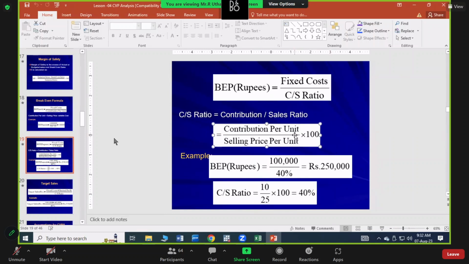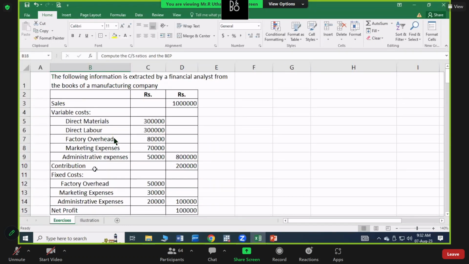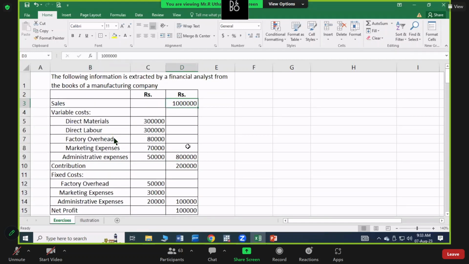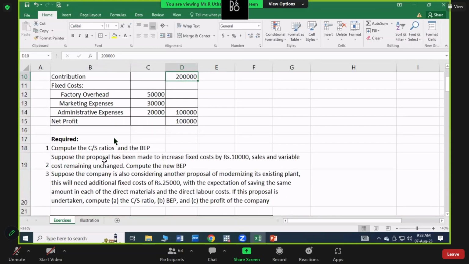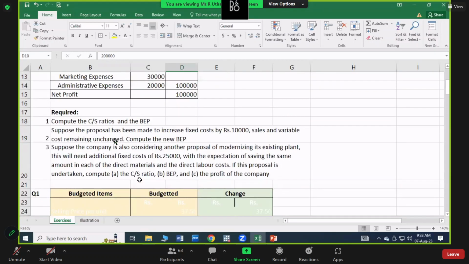But the contribution per unit is not available in the question, and the number of units is not given. So you take the total contribution over the total sales to get the CS ratio.